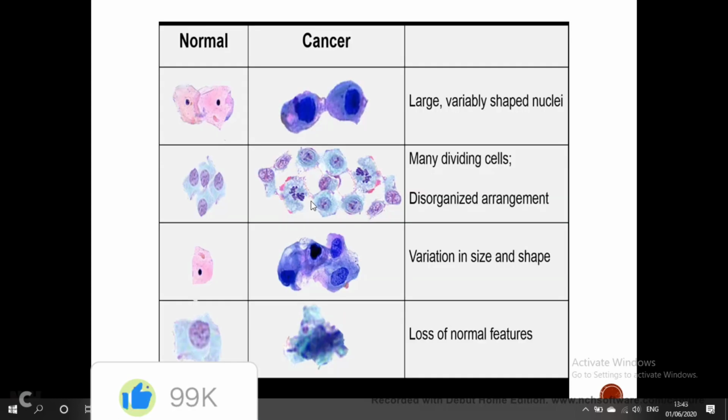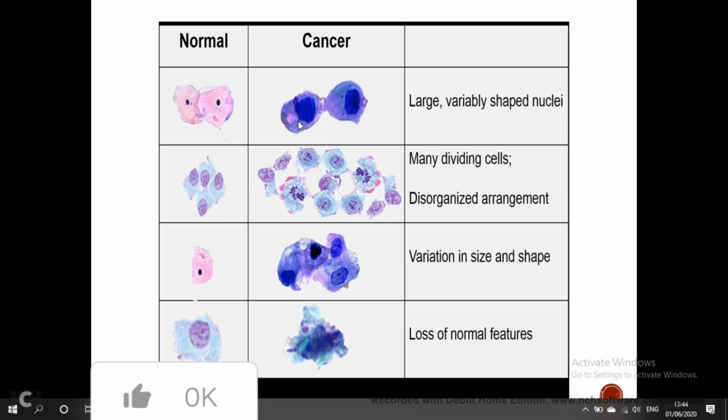Now coming to the normal cell, as I explained to you already, a nuclear cytoplasmic ratio of 1:4, one part nucleus to 3 to 4 parts cytoplasm, is a normal cell, but in a cancer cell you will see that it is either 1:1 or 2:1, that is, 2 parts nucleus and 1 part cytoplasm.